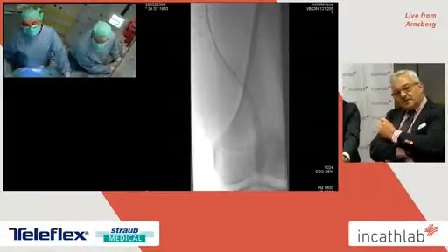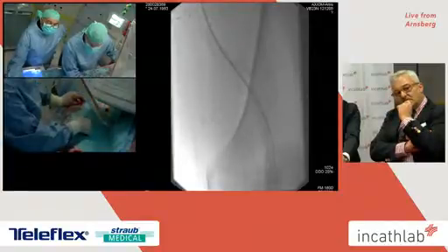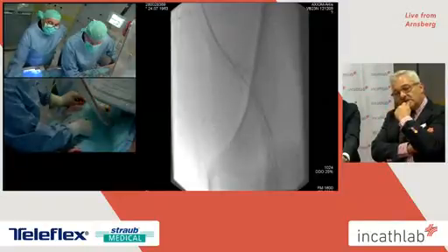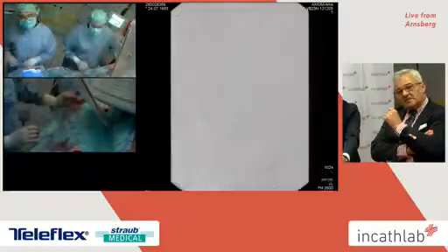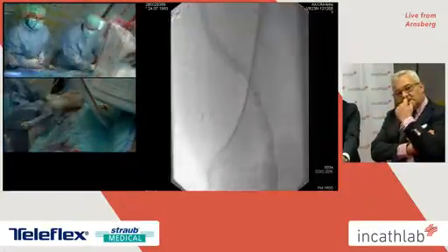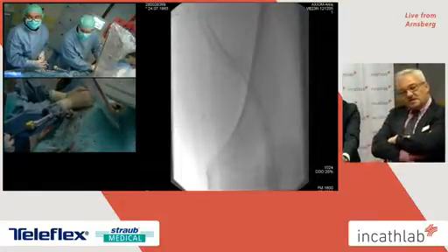So we decided to achieve a good outflow just in the anterior tibial artery, and we supported the outflow with the stents, as you can see.